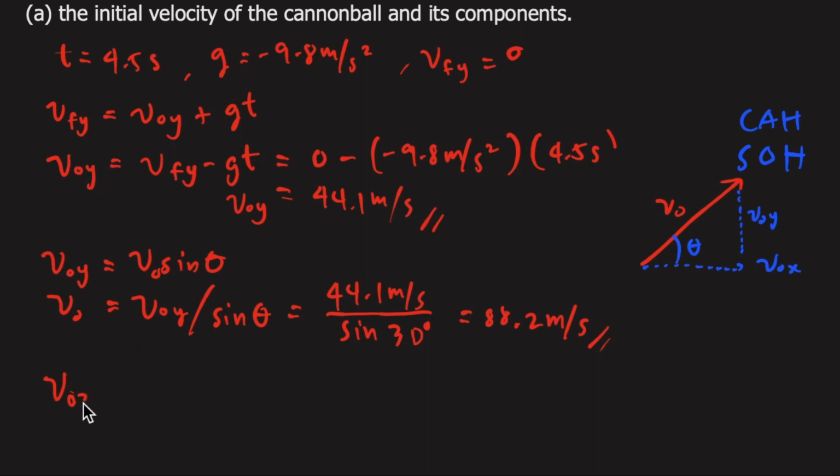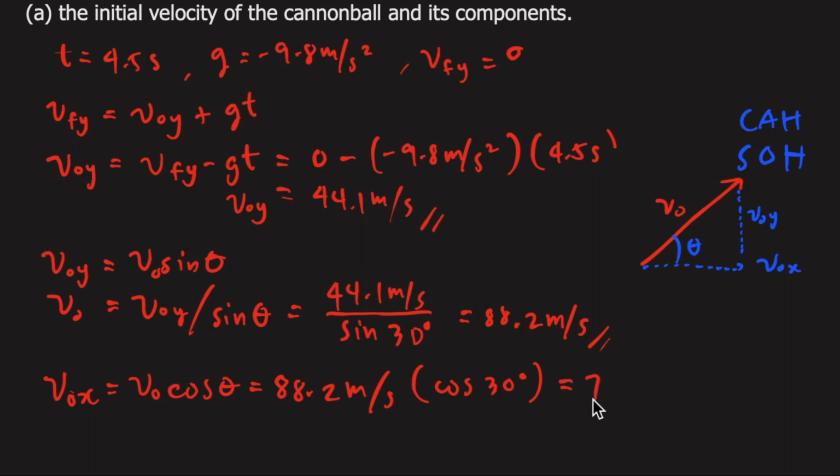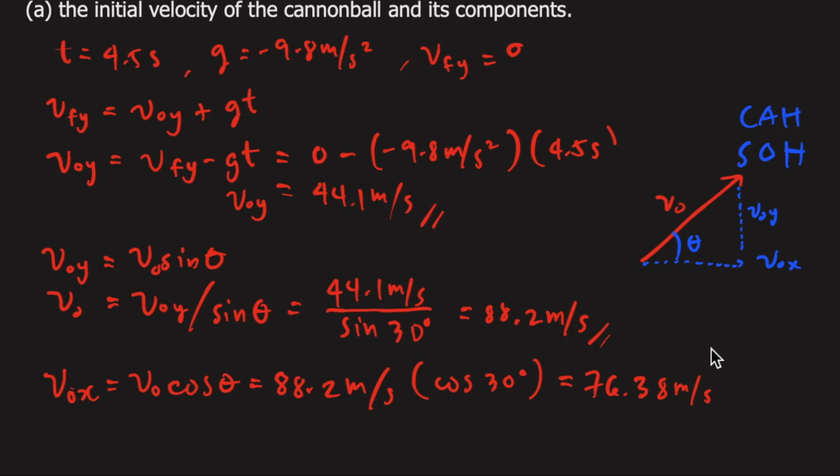Now we already have the v naught or the initial velocity, so we can solve for v naught x, the x component of the initial velocity. Since we used sine here, we will use cosine to look for the v naught x. So v naught cosine theta is equal to 88.2 meters per second multiplied with the cosine of 30 degrees, that's equal to 76.38 meters per second.